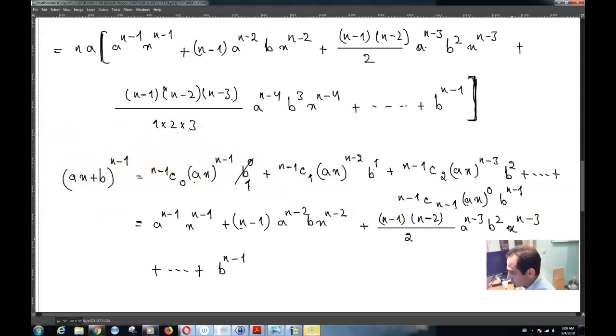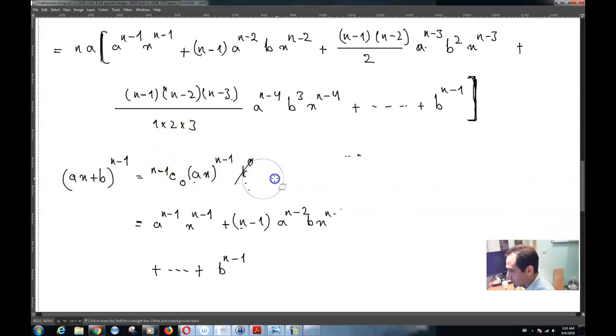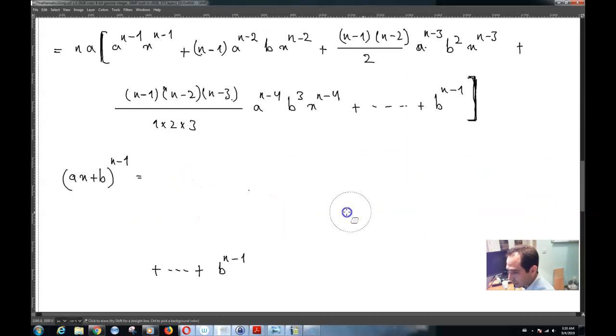So then I can write this whole thing from here all the way up to the end as n a times ax plus b raised to the power n minus 1.